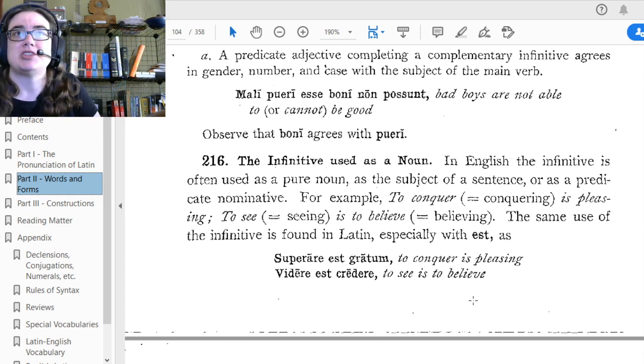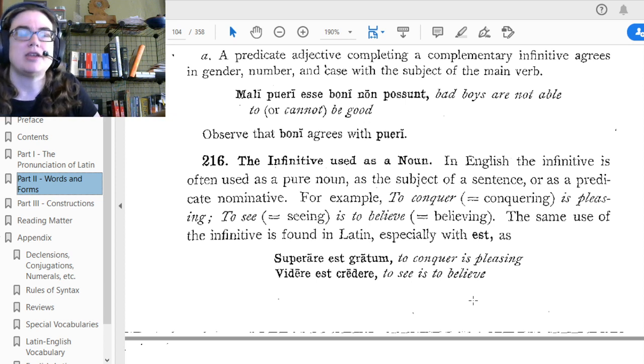A predicate adjective, right? An adjective that describes the subject, but is in the predicate. My cat is annoying. Annoying is a predicate adjective. A predicate adjective completing a complementary infinitive occurs in gender, number, and case with the subject of the main verb. So, an important distinction here.